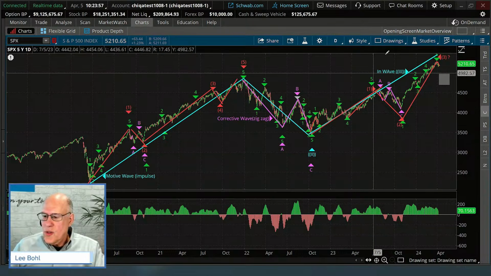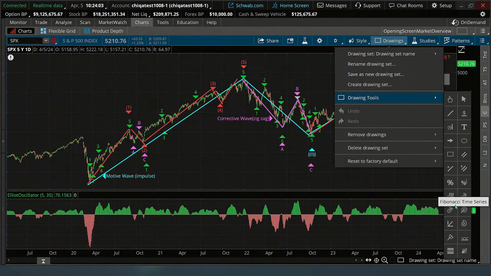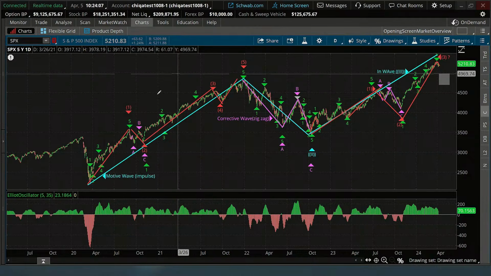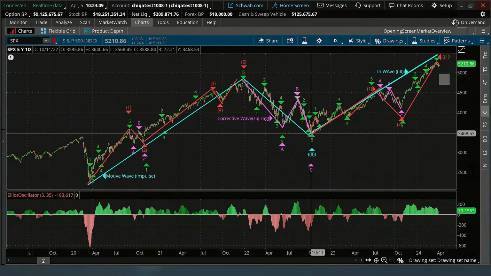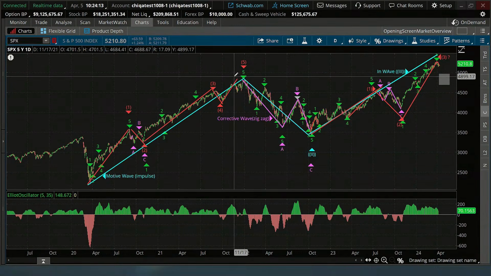So what we're going to do is get our Fibonacci retracement tool. We're going to see where the bottom of the corrective wave was in the massive first motive wave.